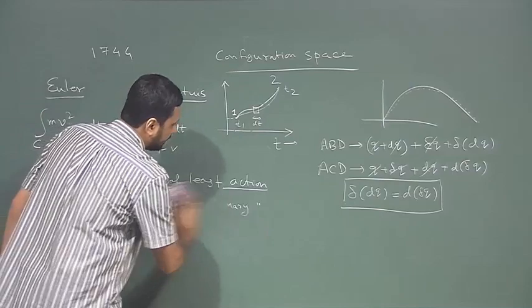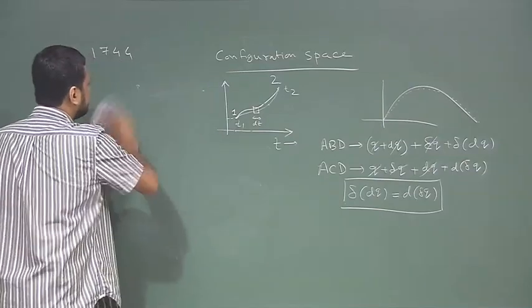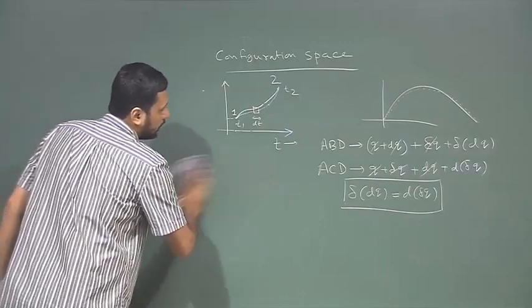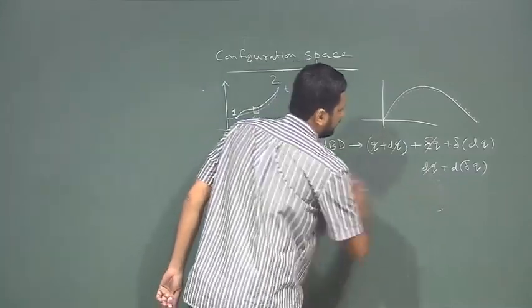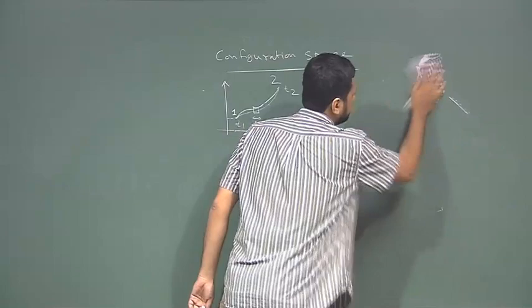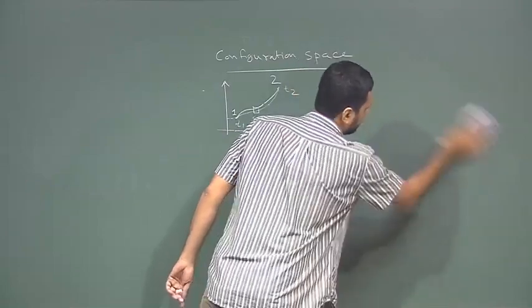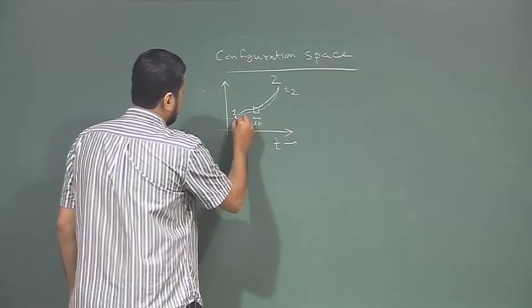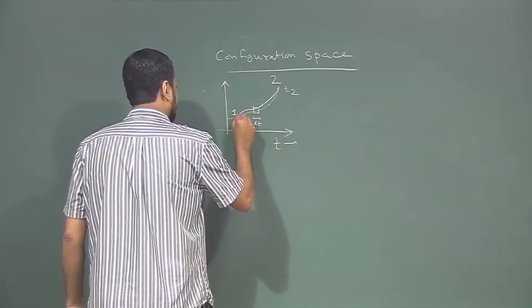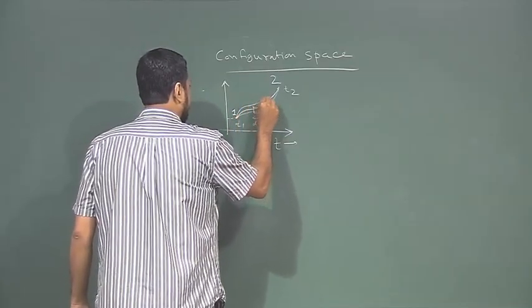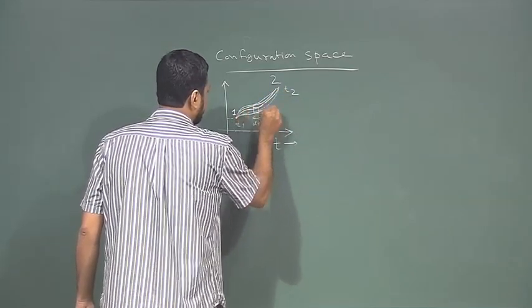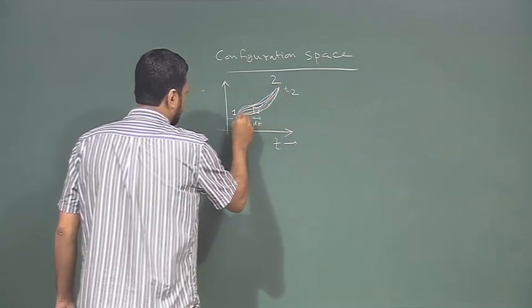We will start a little more formally. In order to understand the variation in a more fundamental way, we will say that there are many possible paths which are infinitesimally close to one another.